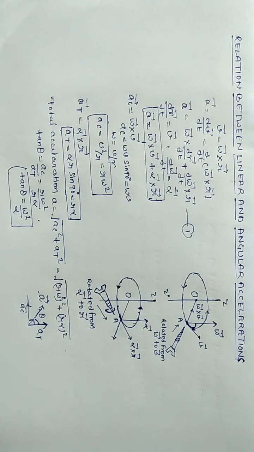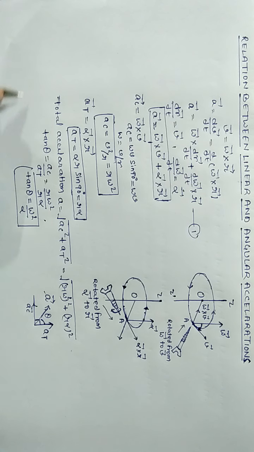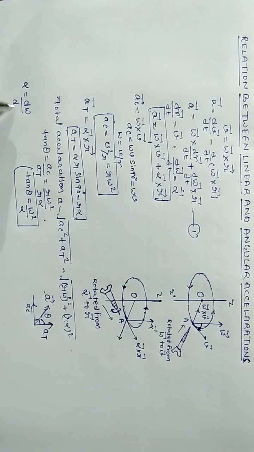When the circular motion of the object is uniform, in this case alpha, which is equal to d omega upon dt, will be equal to 0. So the acceleration has only one component, which is omega cross v.